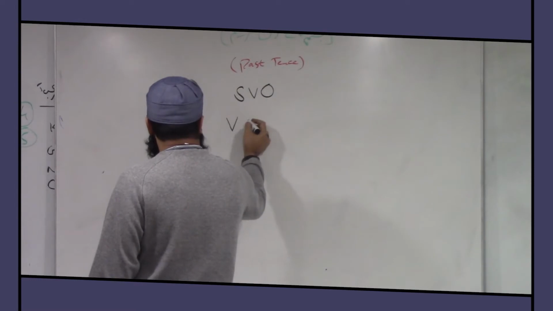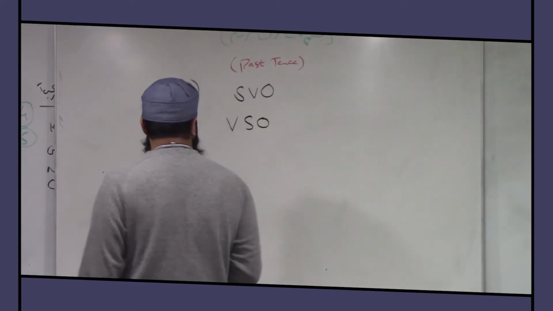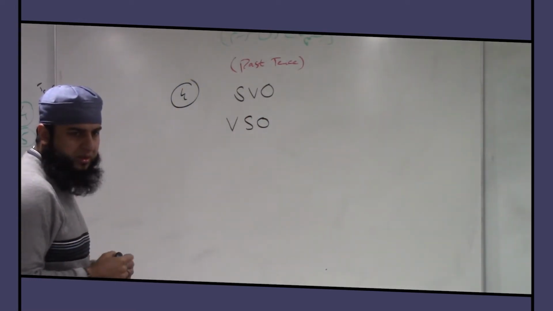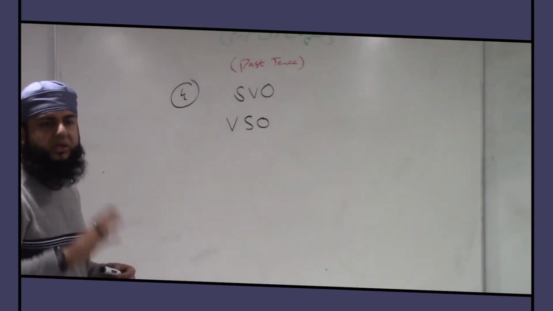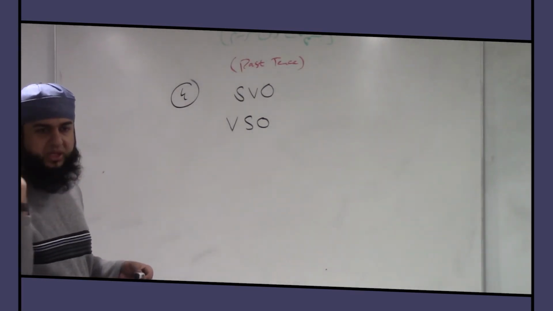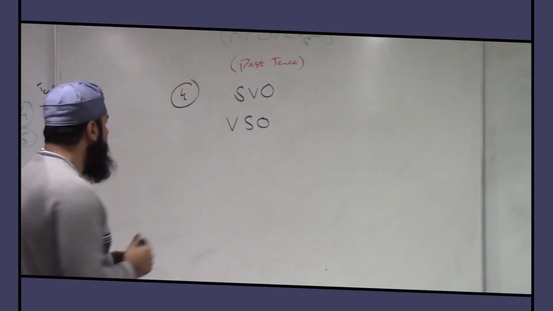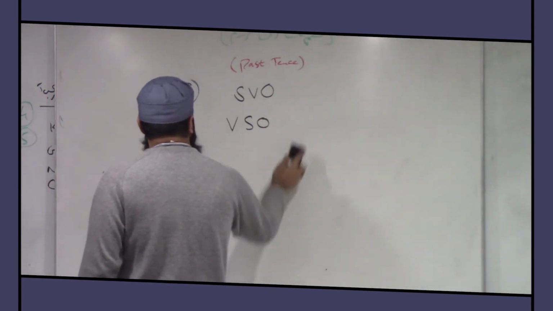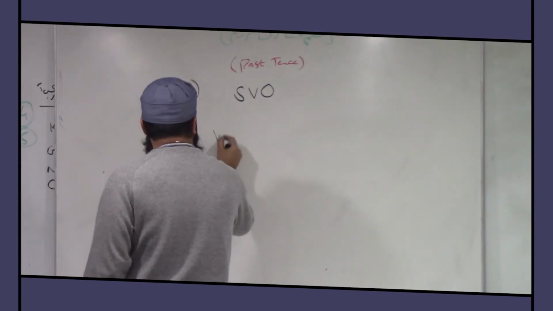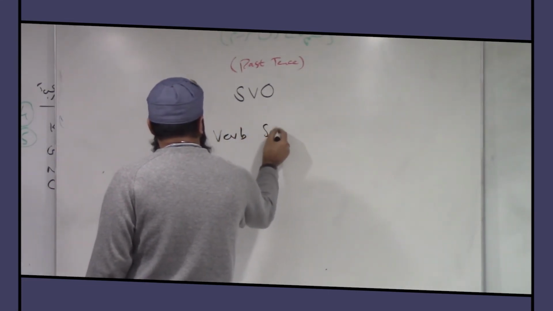So it's going to be verb, then subject, then object. That's how it goes. But it doesn't matter, it could go before and after. But if you just want to write in a sequence, that's how you write. So what happens is, if you have a verb and subject, right?